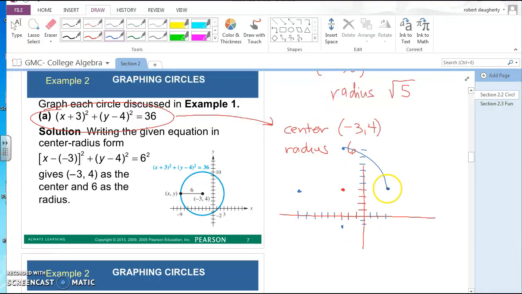You can see that I'm not the best when it comes to making my own grid, but that's what this circle would look like. It's centered at -3, 4, and it has a radius of 6. If you can just find the center and the radius, then you can graph this particular circle.